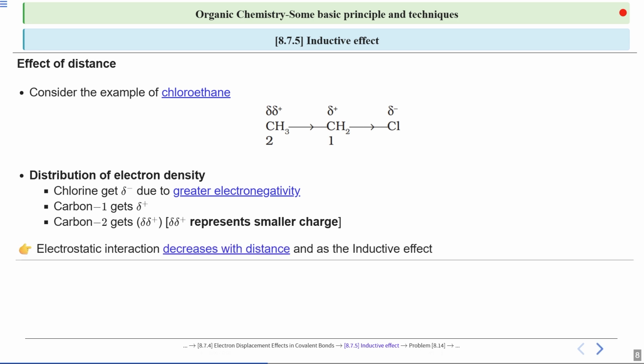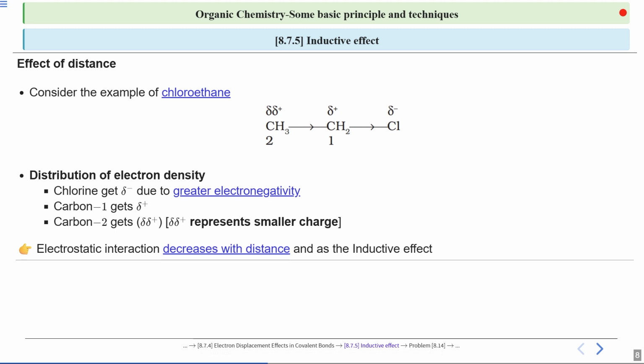What is the reason behind it? Basically, due to the electrostatic interaction between the chlorine and carbon, the polarity is occurring. So it's the obvious thing. Greater is the electronegativity, it is pulling the electron. Now why is it pulling electron? What is the reason of its pull? The reason is the Coulombic force.